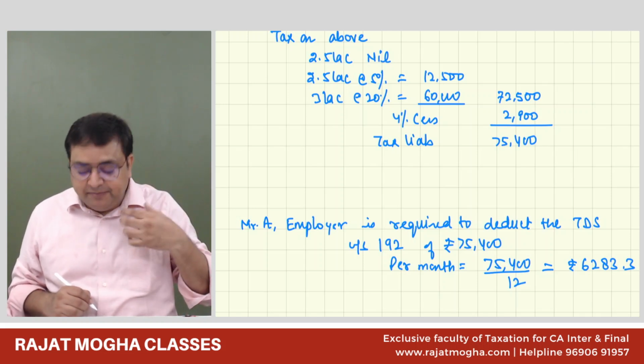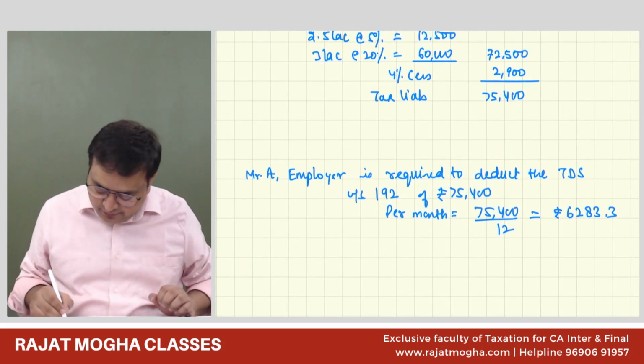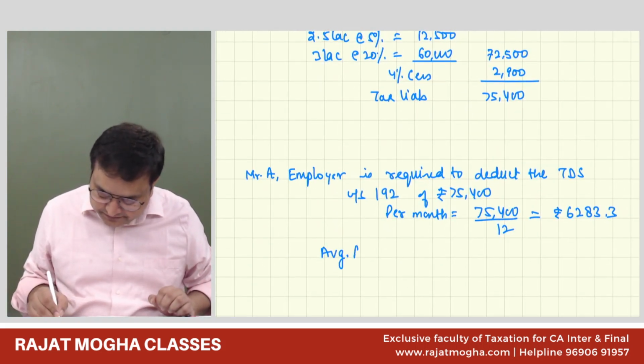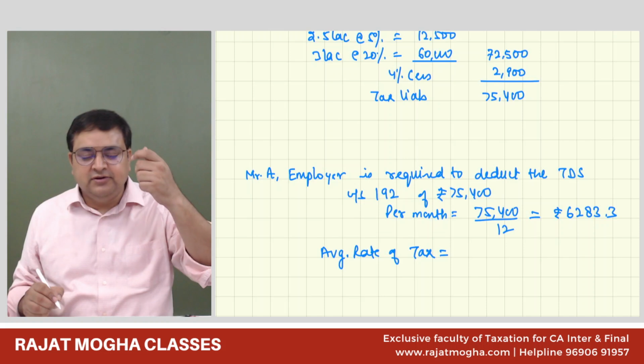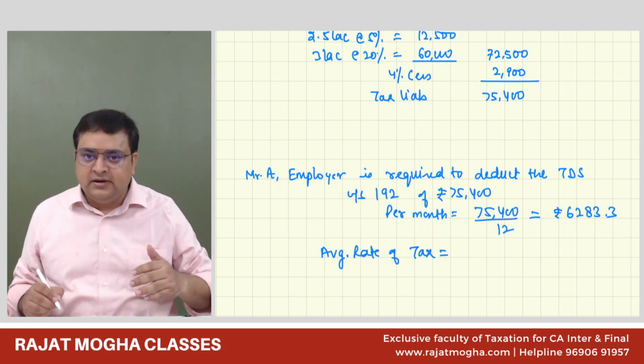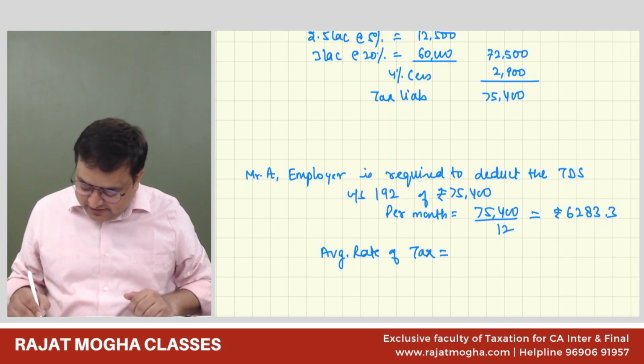If you want to give in percentage, what is the average rate of tax? How do we calculate the average rate? We see how much is the tax liability divided by total income into 100. Very nice. So average rate of tax is 75,400 divided by total income.